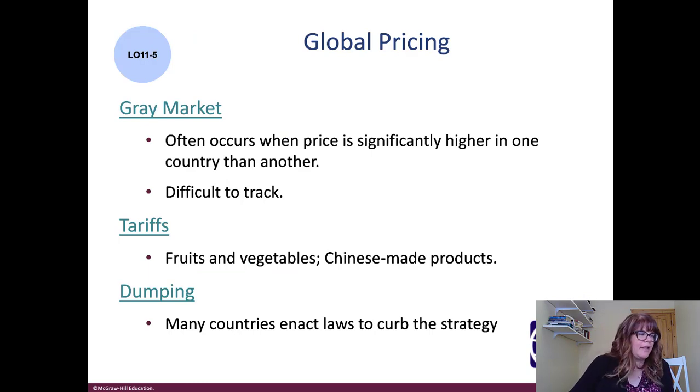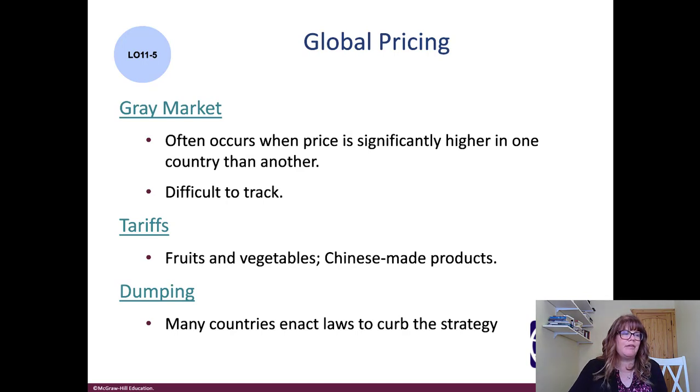Historically, companies have set prices for products sold internationally higher than the same products sold domestically. However, technological advancements in internet access throughout the world have made global pricing more transparent and in many cases more competitive. A lesser known relative of the black market is the gray market.